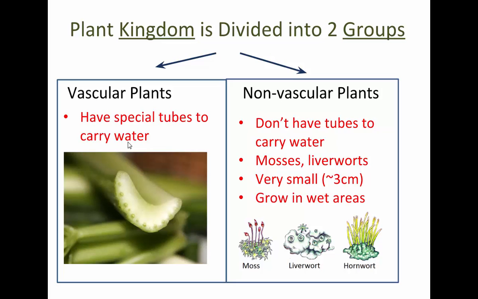It grows very low and spreads out, because they don't have tubes to move water around. Moss can't grow to be 10 feet tall because the parts at the top wouldn't be able to get water from the bottom. There are some other non-vascular plants, liverworts and hornworts, but you're probably most familiar with moss. We're going to spend most of our time talking about vascular plants, since that's what we see more commonly.